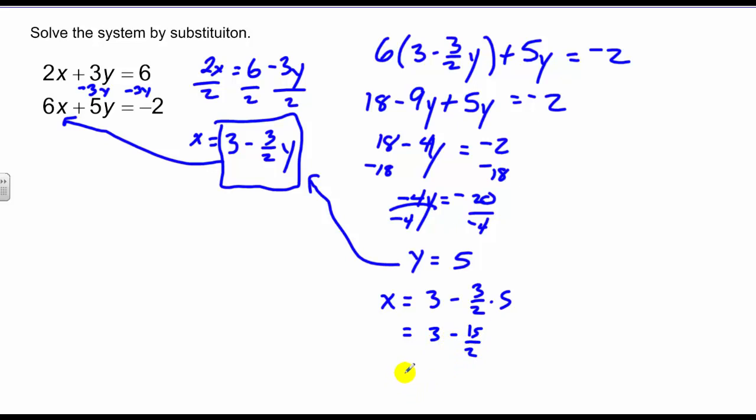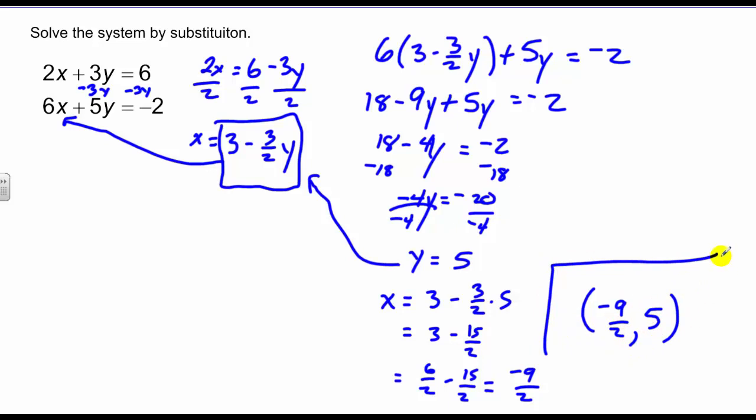I need a common denominator. 6 over 2 minus 15 over 2, which is equal to negative 9 over 2. And that's my x value. So my ordered pair solution is negative 9 halves and 5. Won't always have nice integer values.